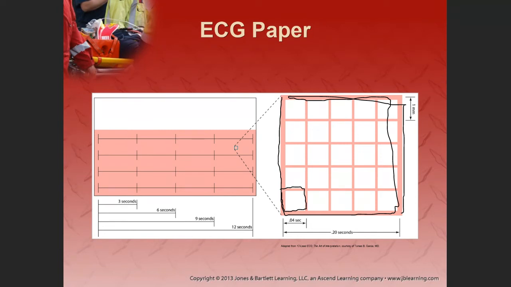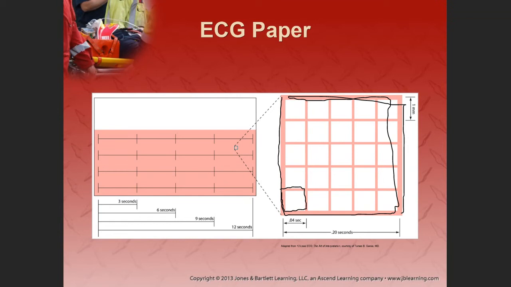Now, if 5 large boxes give you 1 second, how many boxes would represent 3 seconds? Good, 15. So 15 would represent 3 seconds.